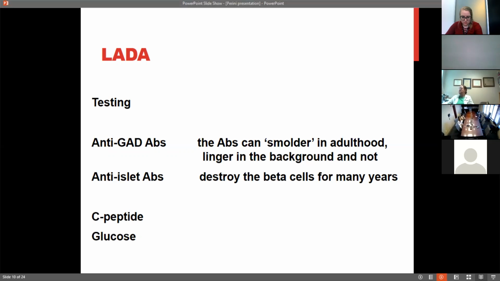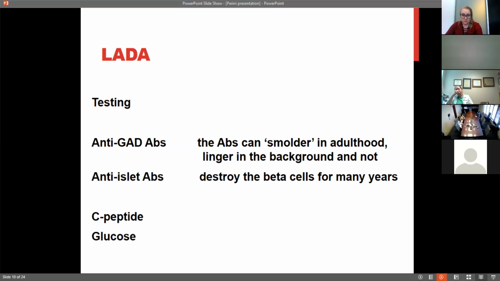So you may have tested for whatever reason, or maybe they're in some family research study. They have GAD antibodies for maybe 10 years and nothing happens. They don't get hyperglycemic, but they can just sort of linger in the background. But if you have somebody showing up in DKA who's an adult, check them for these antibodies.